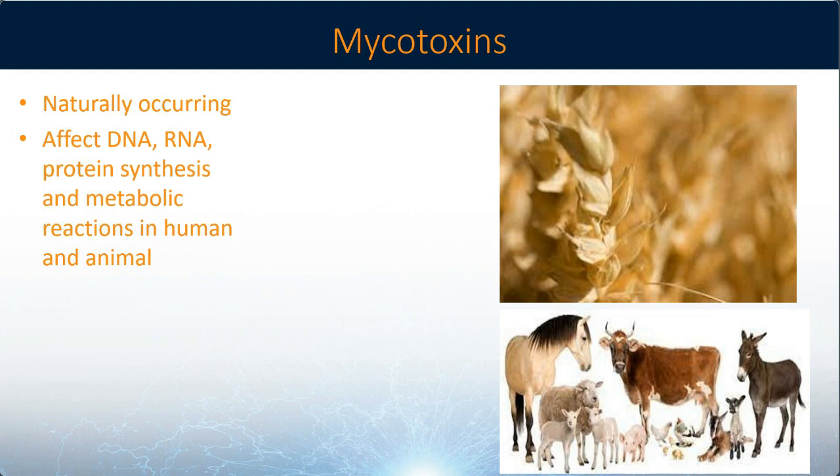Unlike pesticides, where we don't see too much of a transition between the animals eating grain that has been sprayed with pesticides and the pesticides appearing in their meat, we do see instances of animals eating grain that is contaminated with mycotoxins. We do see the mycotoxins surviving that transition.